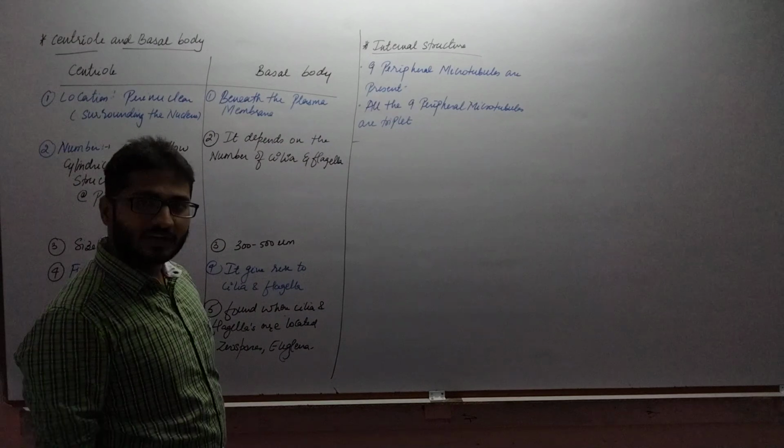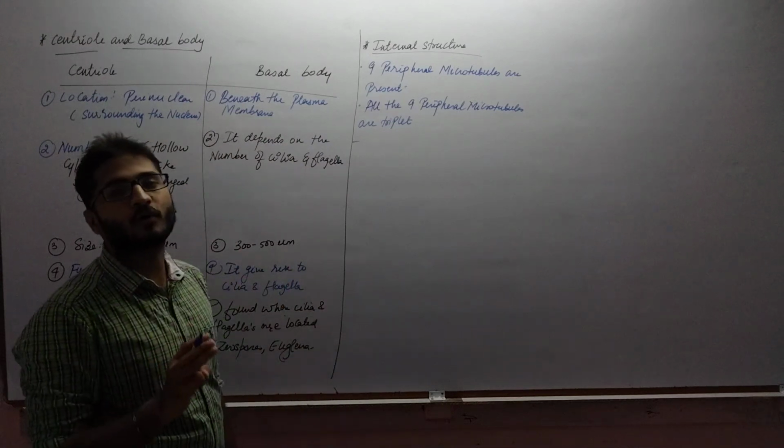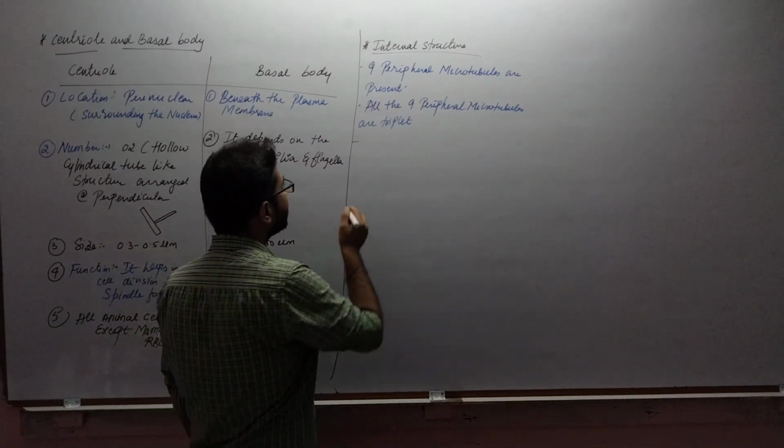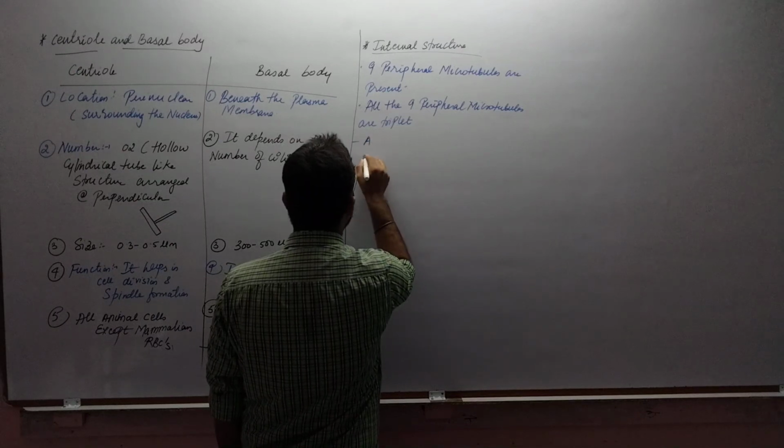When I say triplet, it means it is made up of 3 tubulin subunits, A, B and C.